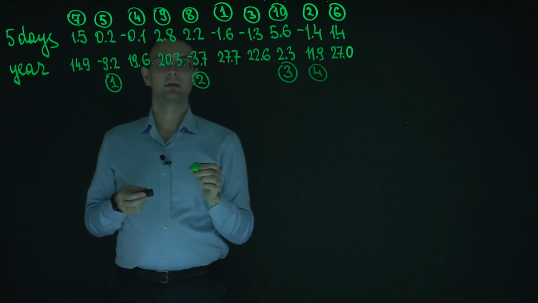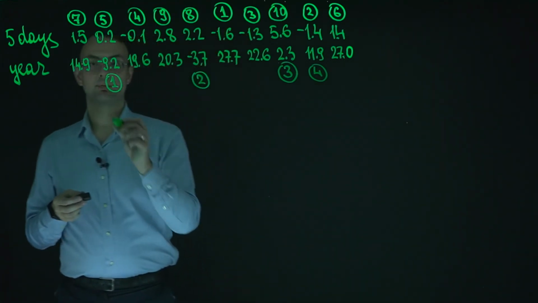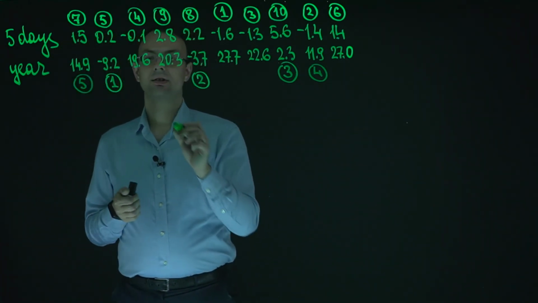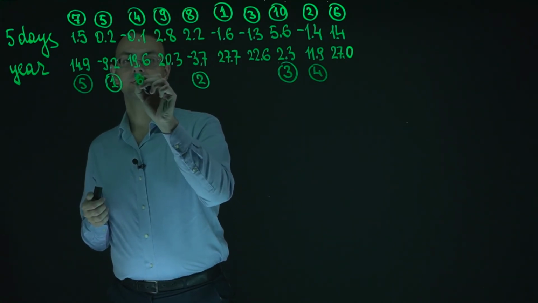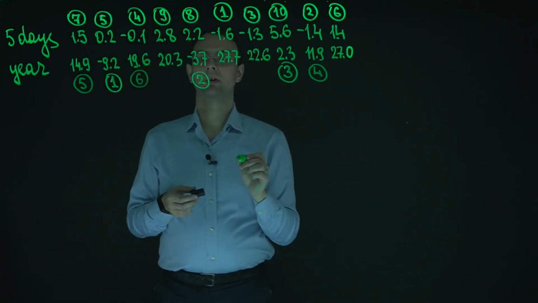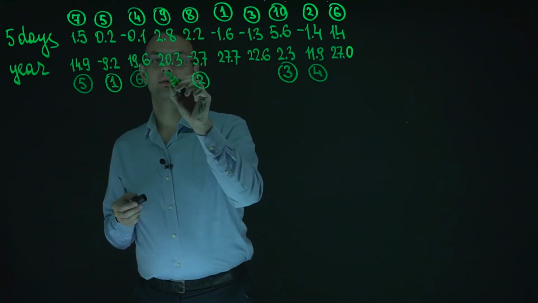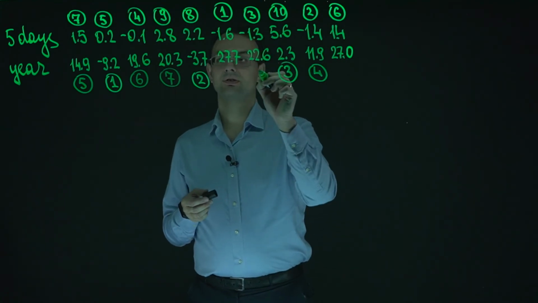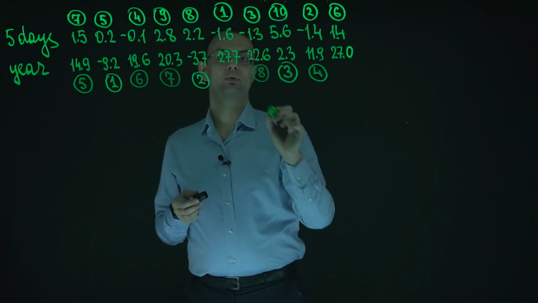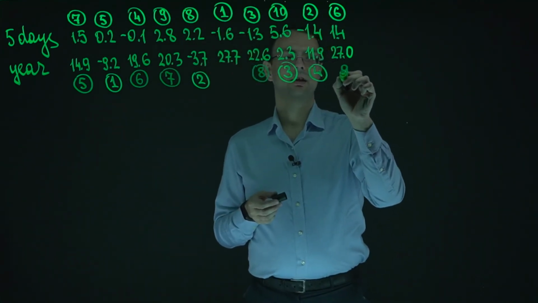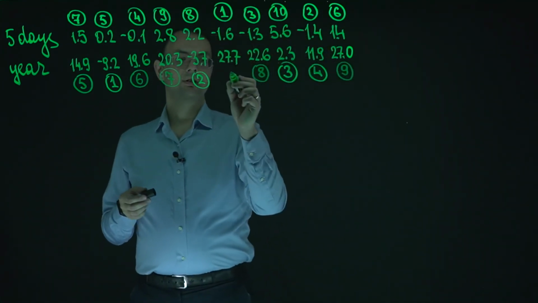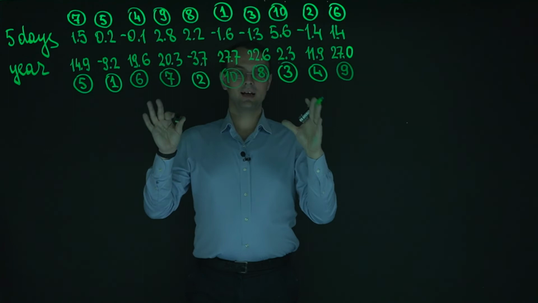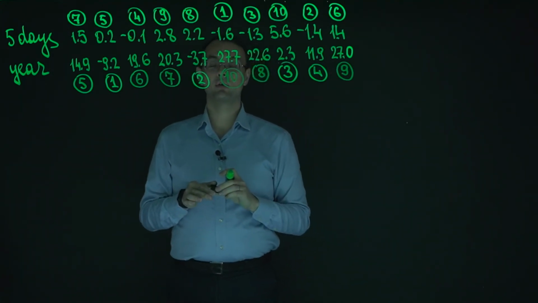Then 14.9, rank 5. Then 19.6, rank 6. Then 20.3, rank 7. Then 22.6, rank 8. Then 27.0, rank 9. And then 27.7, rank 10. So I have just switched to the ordinal scale.